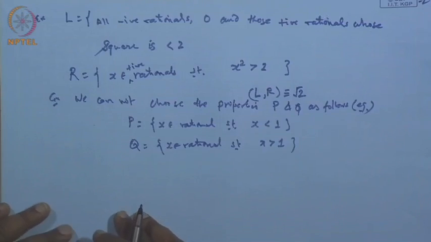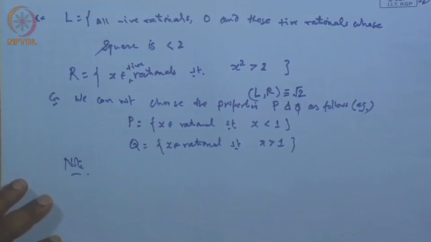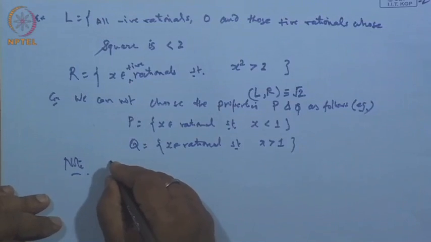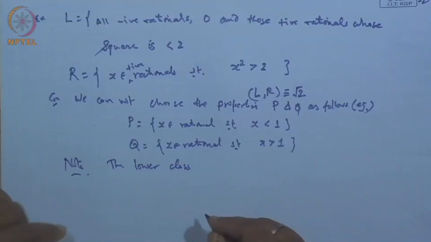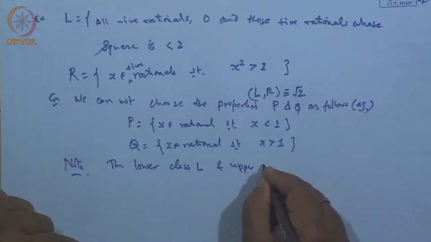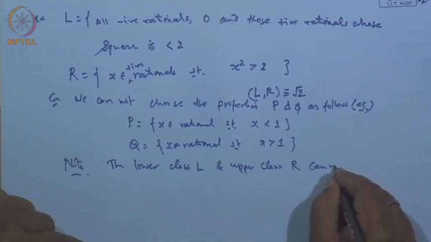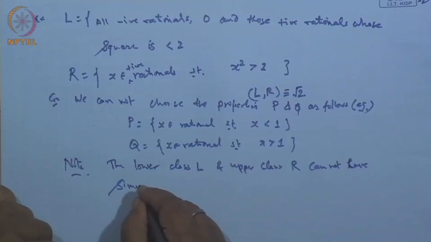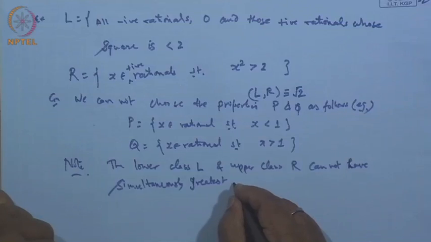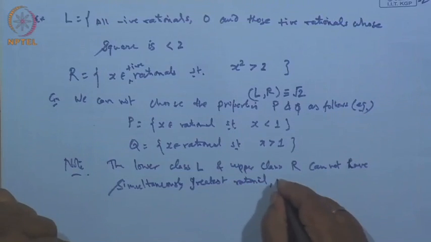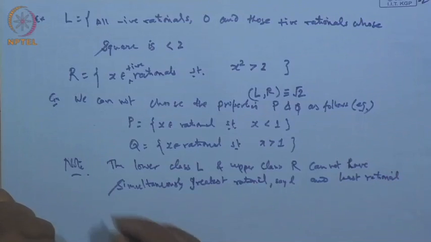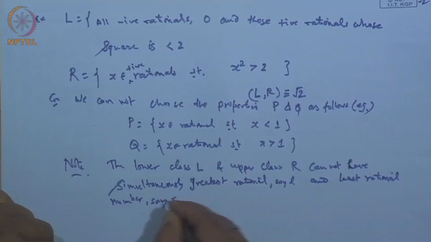Similarly, note that the lower class L and the upper class R cannot simultaneously have a greatest rational number, say L, and a least rational number, say R, respectively.